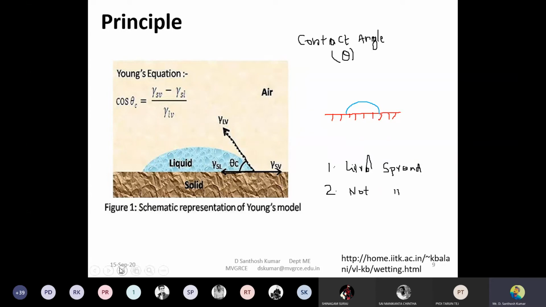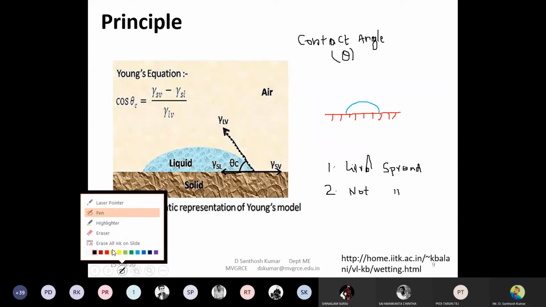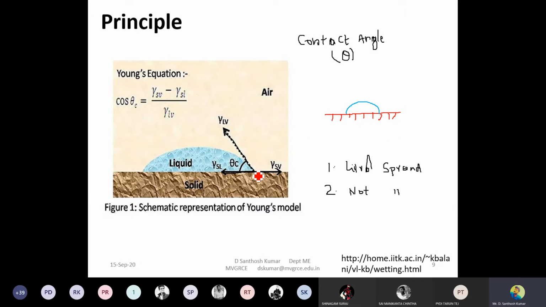Is it visible? Okay. So this is one surface energy. This is the interaction between the liquid and vapor, so the surface energy is called gamma LV. There is another one, the interaction between the solid and vapor.